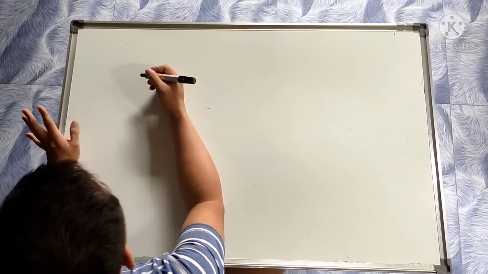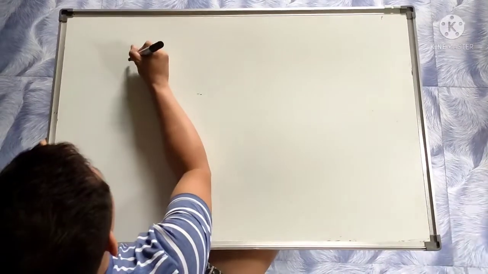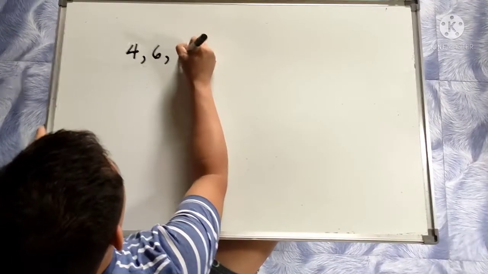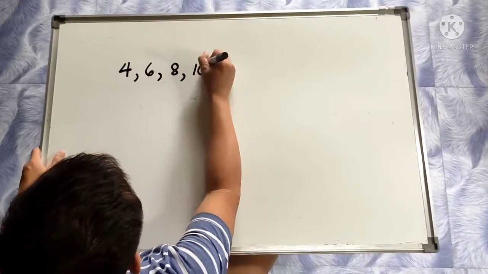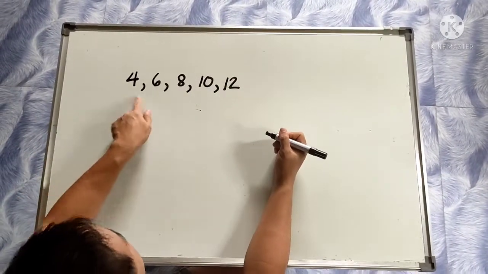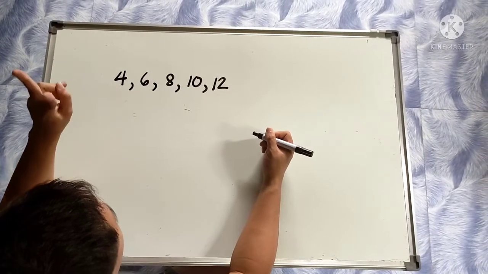To understand arithmetic means, let us consider this arithmetic sequence. The arithmetic sequence is 4, 6, 8, 10, and 12. This one is an arithmetic sequence because there is a common difference of 2.